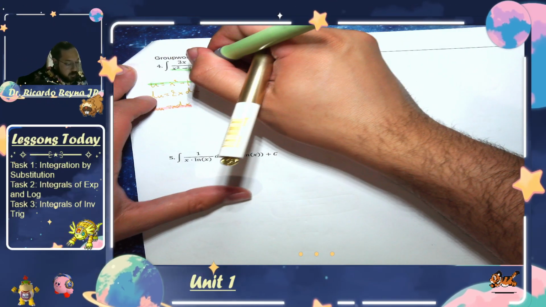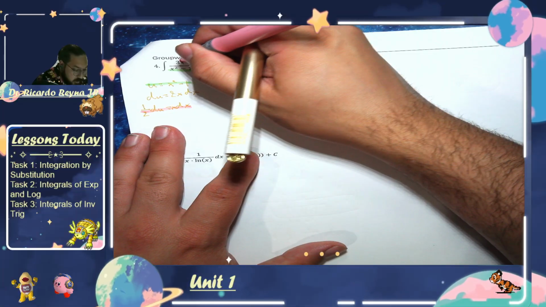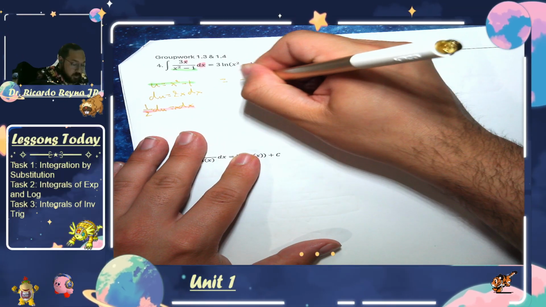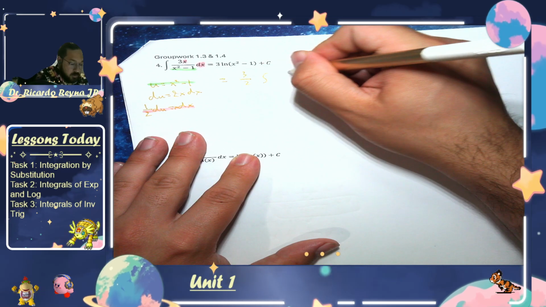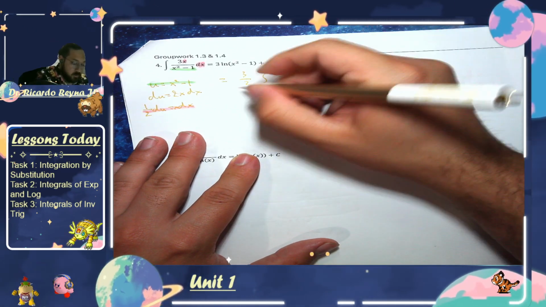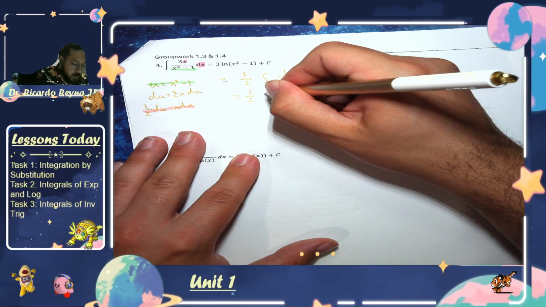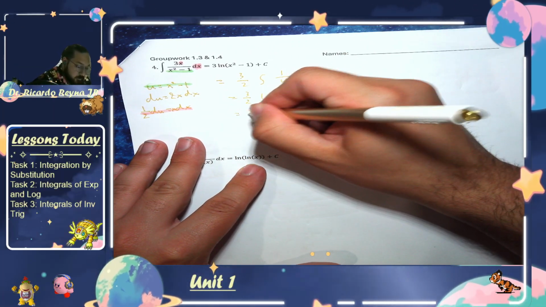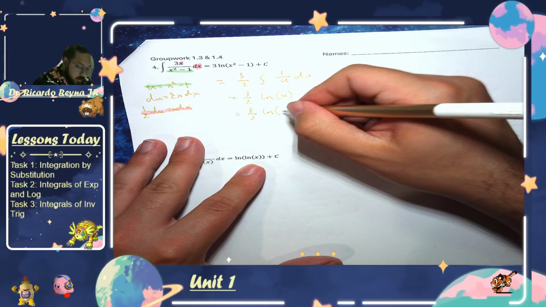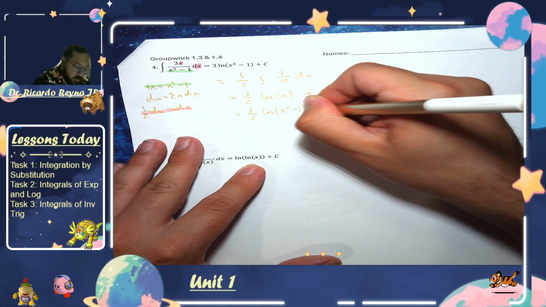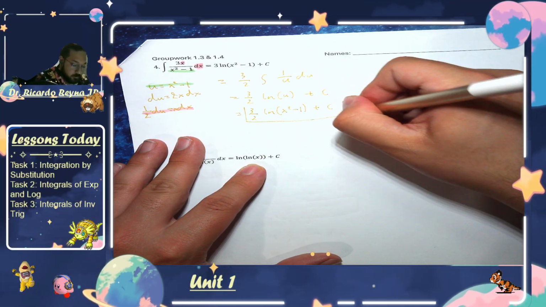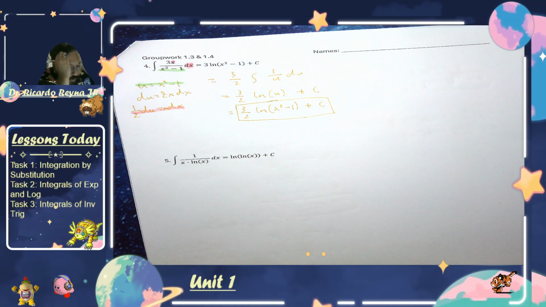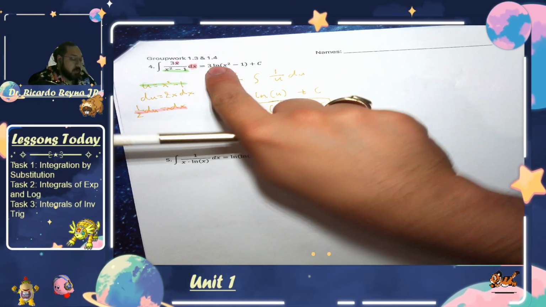We know that the bottom could just be u, and then we could just take the x and the dx, and we get 3 over 2, because of the 1/2, integral 1 over u du. That's going to be ln of u plus c, and then we plug back in u: ln of x squared minus 1 plus c. And this was almost right, but I think they forgot the 1/2 when they did this problem.